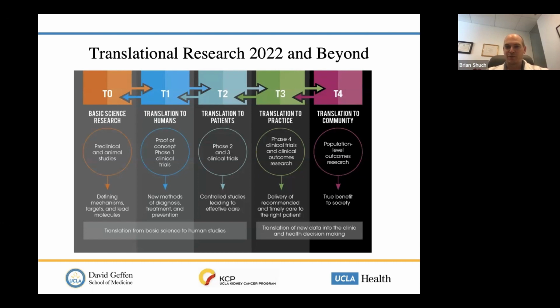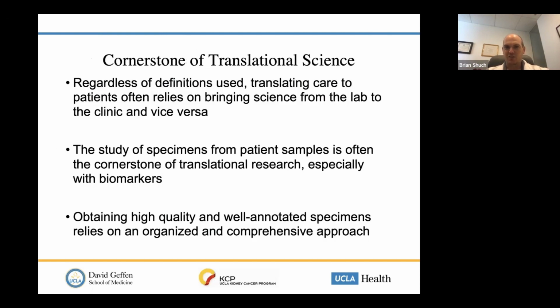I always have to refer to it, but I think all the research on bench to basic science will fall in the T0 to T1 to T2 range. But really, you can't do patient-centered research without patient samples. Definitions have changed, but really translating care to the clinic relies on the bench and access to specimens.